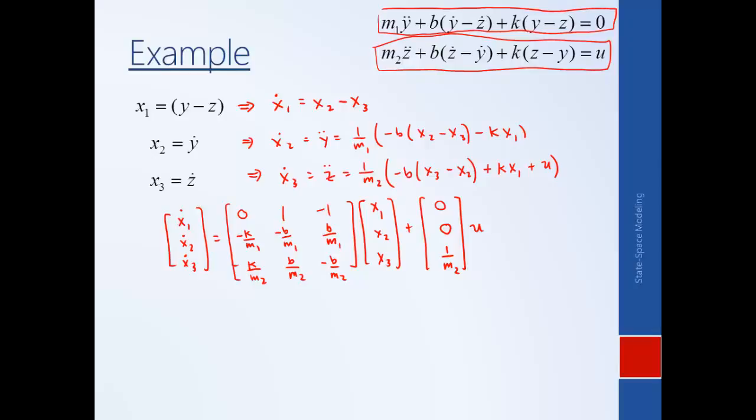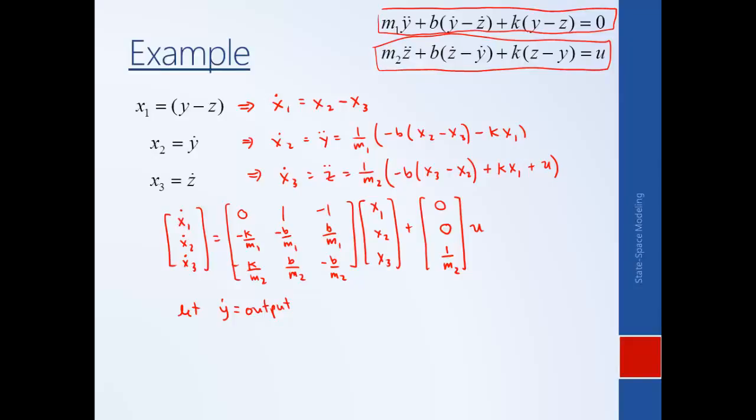We also will have output equations where the output is either told to you or determined by engineering judgment. So let's say that the output is hypothetically y dot, so we'll say that y dot is equal to the output.